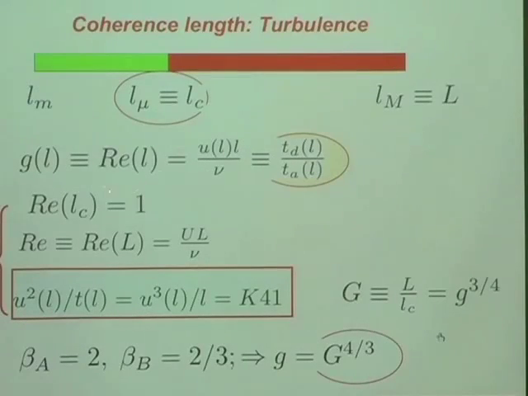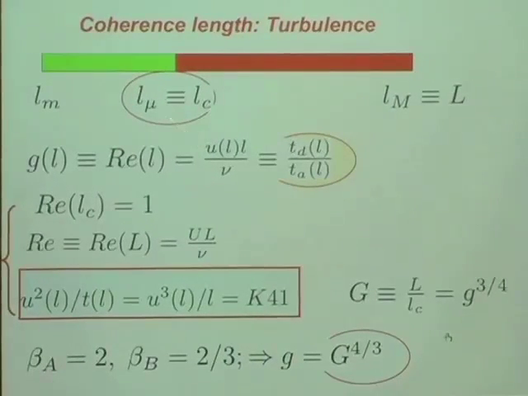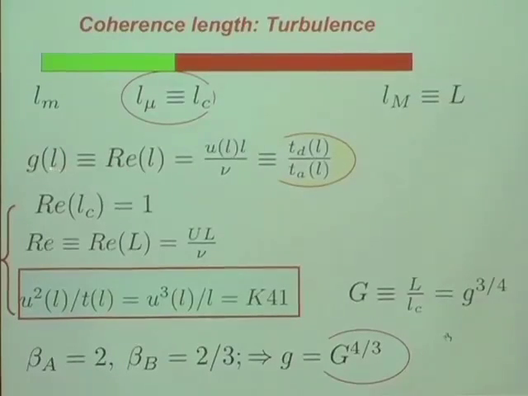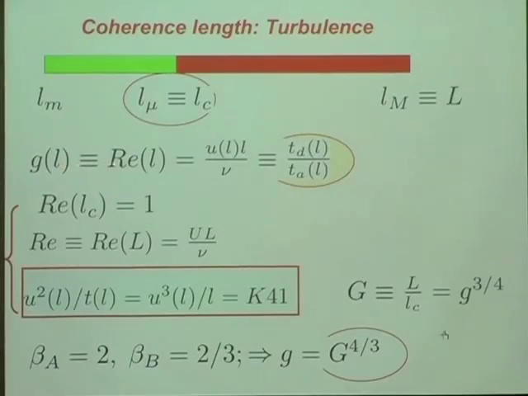Now I want to go a little bit more in detail and derive the exponent 3/4, which I gave for granted yesterday. In turbulence, the relevant coupling strength, which runs with the scale, is the Reynolds number. The Reynolds number is velocity times length over viscosity. Now multiply by L up and down, and again it's just a one line calculation.